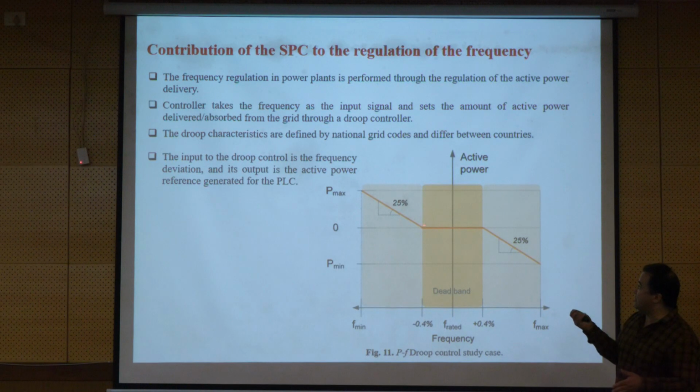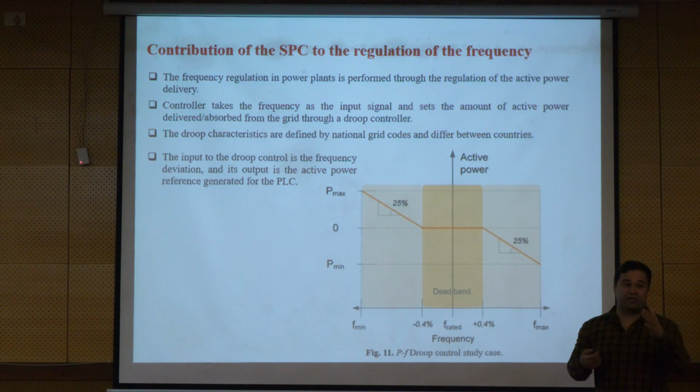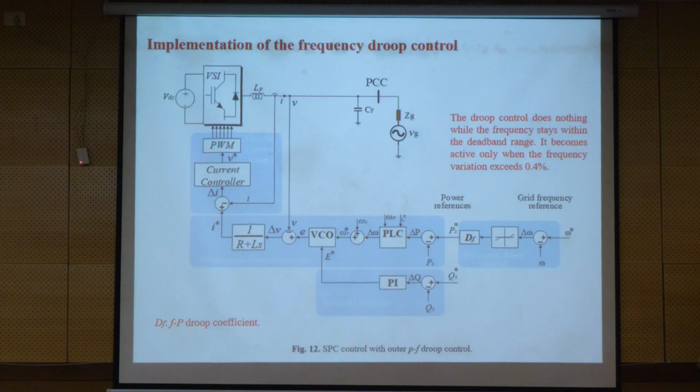Here was the constant power we inject, but now because the frequency is dropping, we increase the value of the active power injected to the grid by use of the virtual synchronous generator. Is it clear enough? Okay. So this is the droop controller that we use for the regulation of the active power.